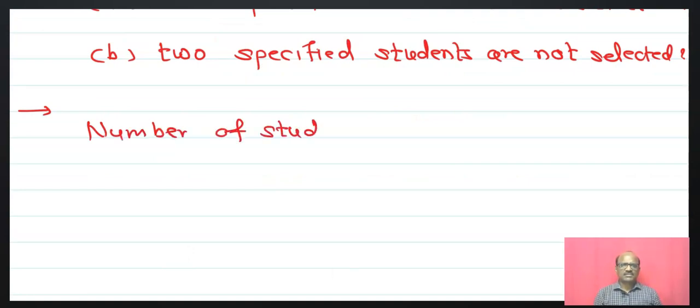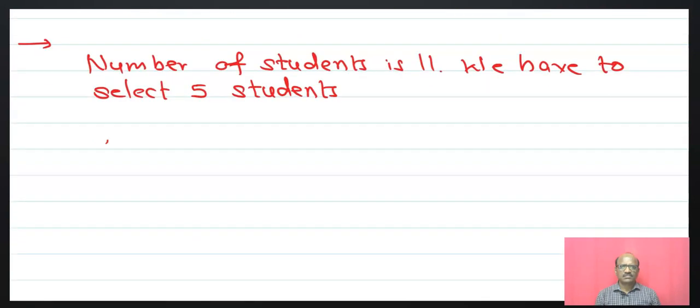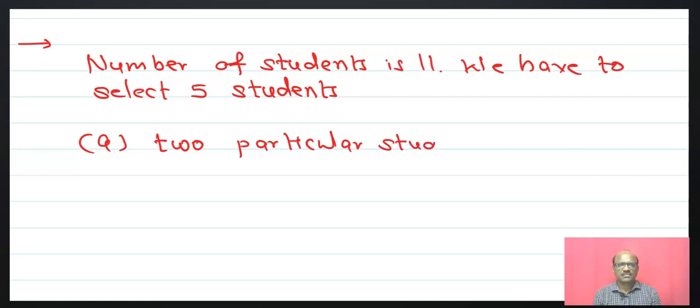This problem is an easy one. The number of students is 11. We have to select five students, therefore two particular students are included.